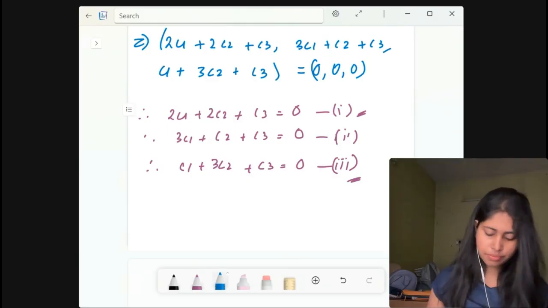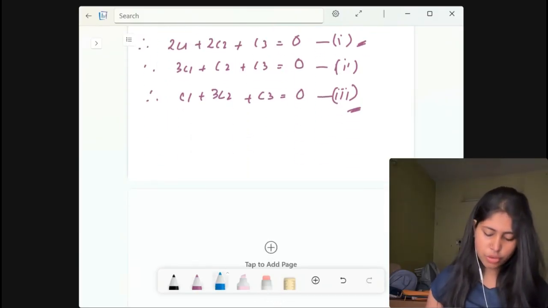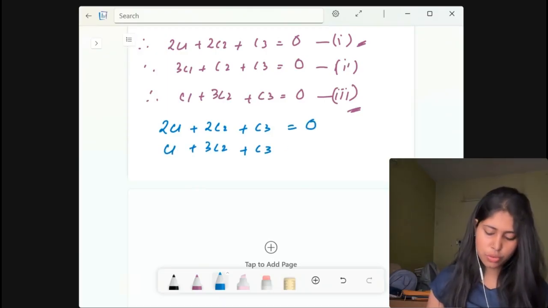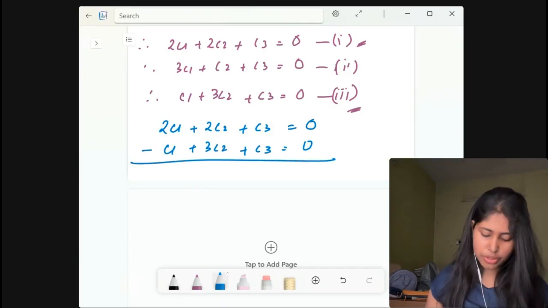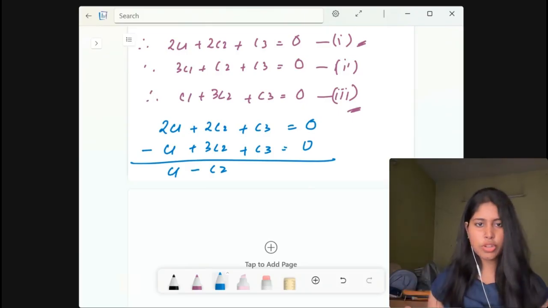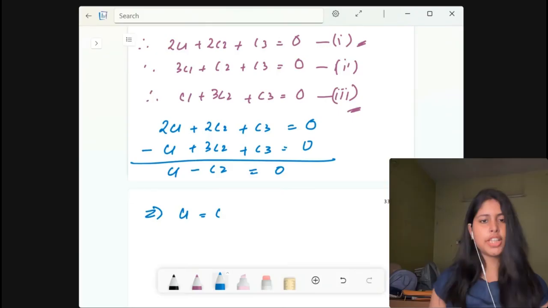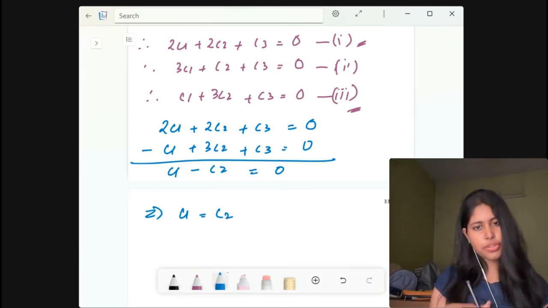We have 2c1 plus 2c2 plus c3 is equal to 0, and c1 plus 3c2 plus c3 is equal to 0. If you subtract, you get c1 minus c2, and c3 and c3 get cancelled, so it will be 0. Therefore you get c1 is equal to c2. So we have got a relation between c1 and c2.